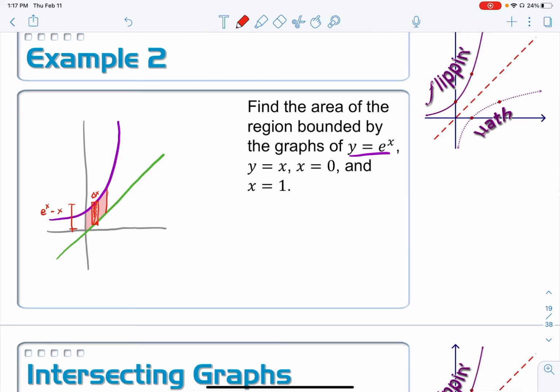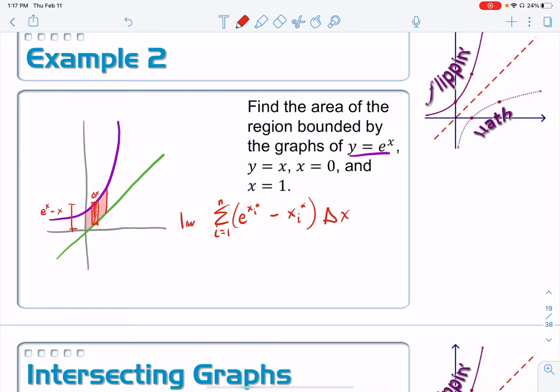If I were going to do that whole process of turning this into a Riemann sum, it would be the summation from i equals 1 to n of our height function, e to the x sub i star, minus x sub i star, multiplied times our width.